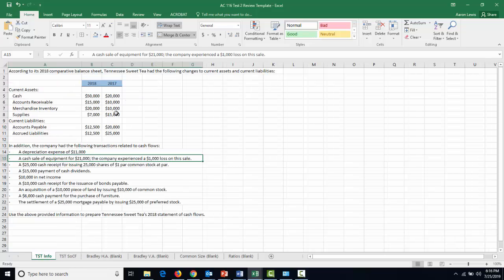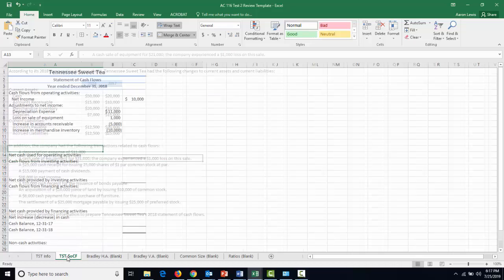We've got one more, and it is supplies. So we had $15,000 in supplies at the end of 2017. It is down to $7,000 now, which means that since we have less, we must have spent less on supplies during this period than we did last period. So that is a current asset going down, and when current assets go down, your cash flow goes up.